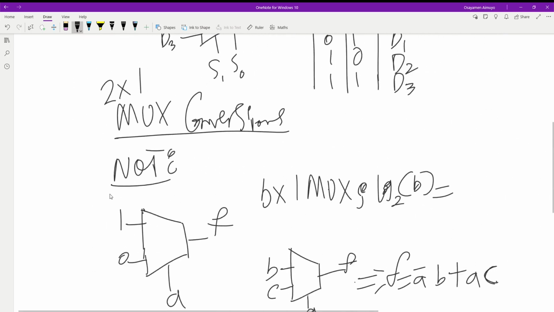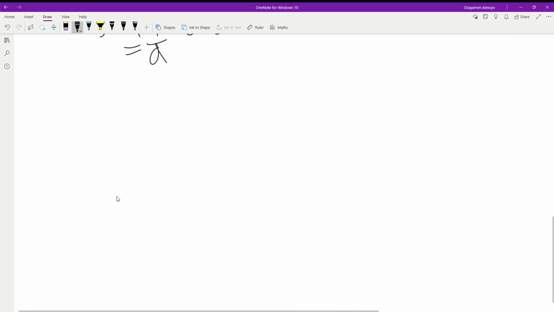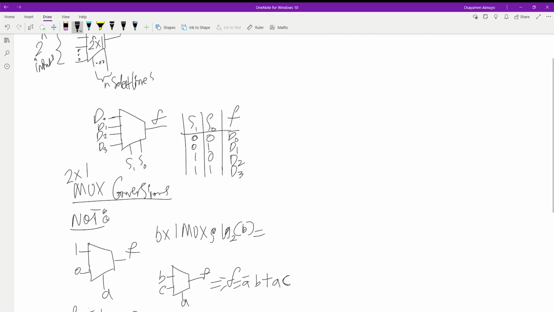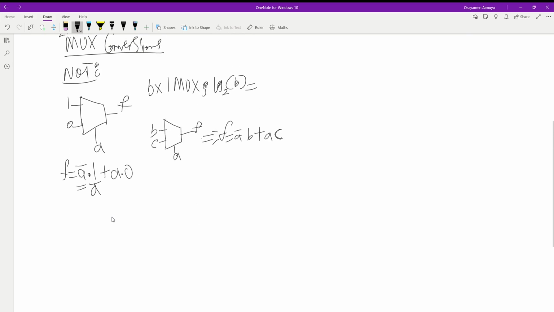Let's move on. So for the AND, let me see. Okay, it's not as tricky as the OR. It's the OR that's actually tricky. So the AND: let's say we have this setup here.